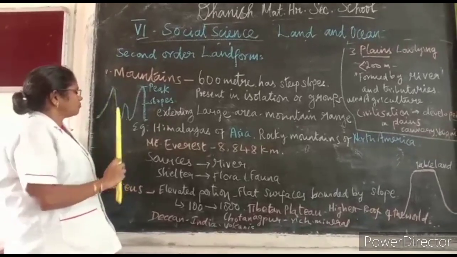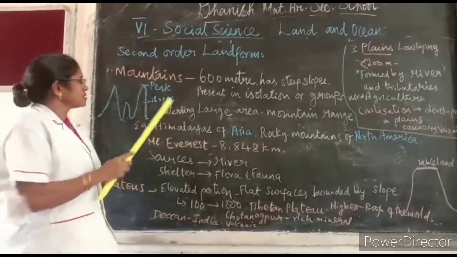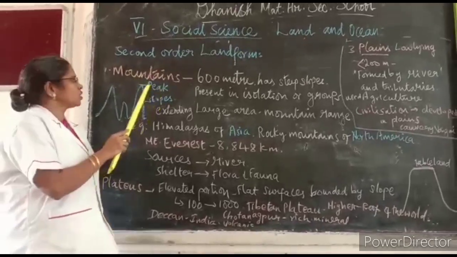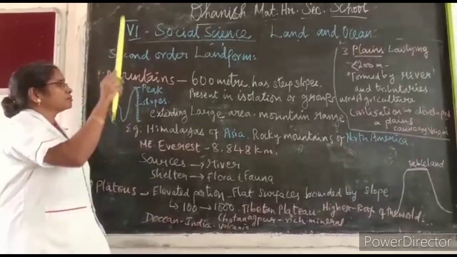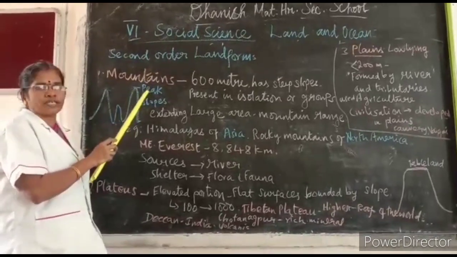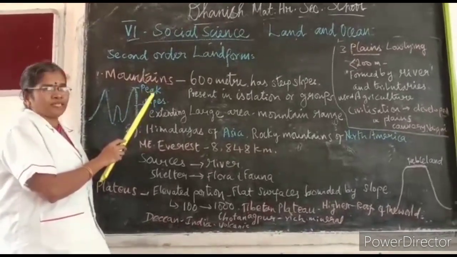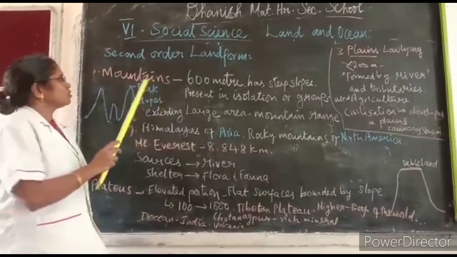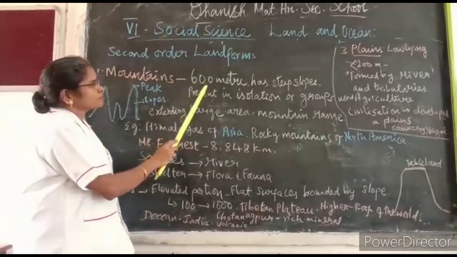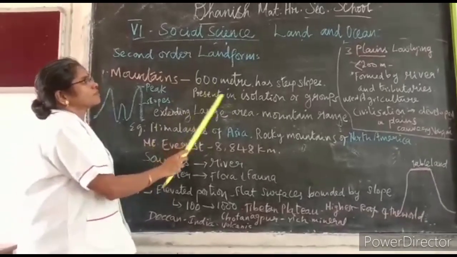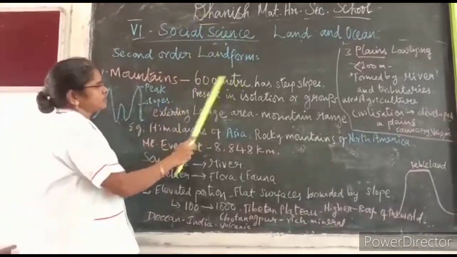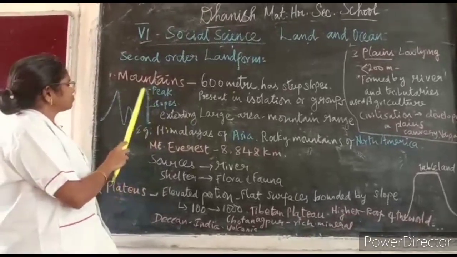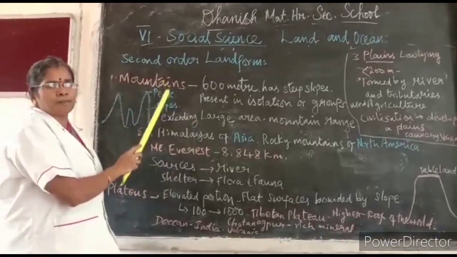This form we call mountains. The point on the tip of the mountain we call the peak, and it is connected by means of slopes. So a mountain is nothing but a landform that rises from the ground level up to 600 meters, has steep slopes, and the tip of the mountain is called the peak.